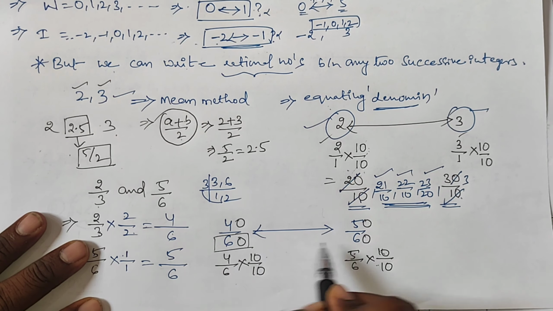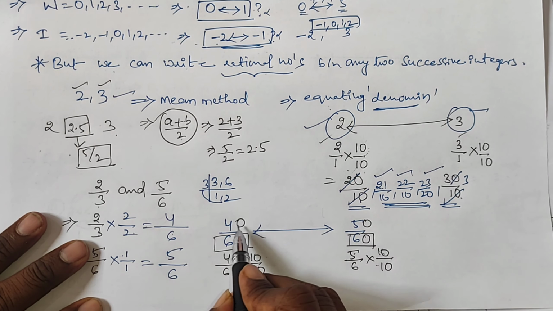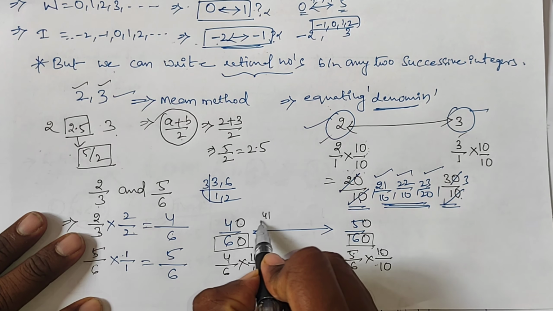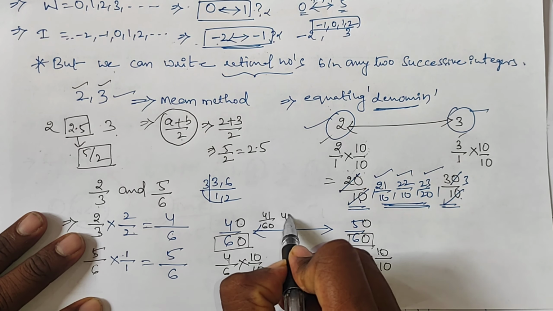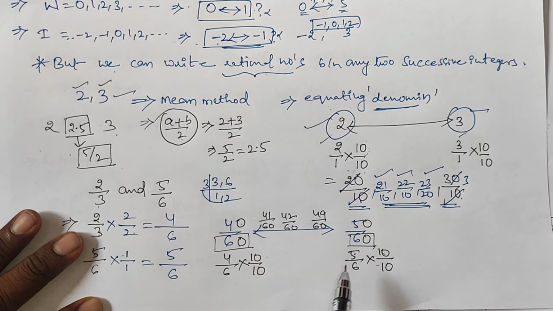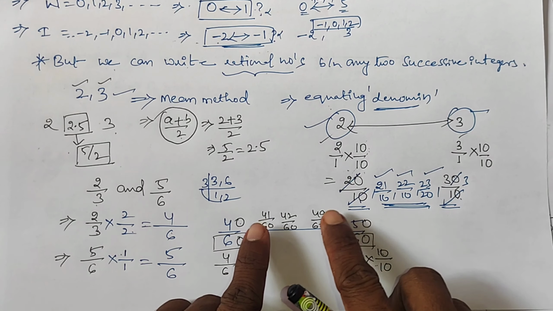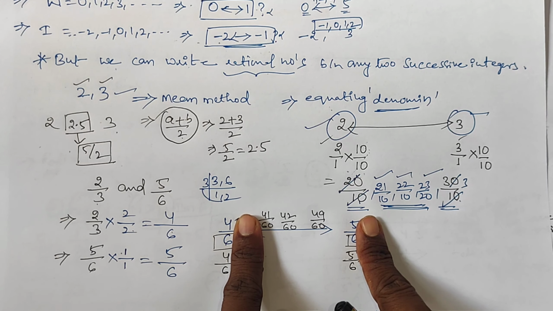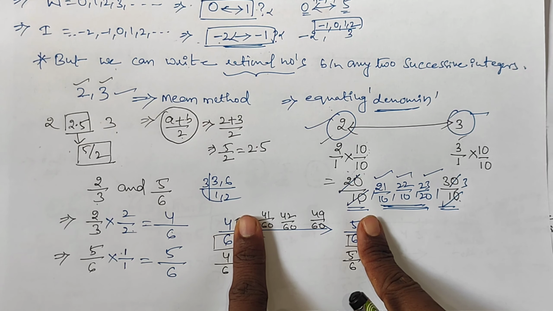The denominators are equal. Between 40/60 and 50/60 we can write 41/60, 42/60 till 49/60. Don't be confused: these all lie between 4/6 and 5/6 only.